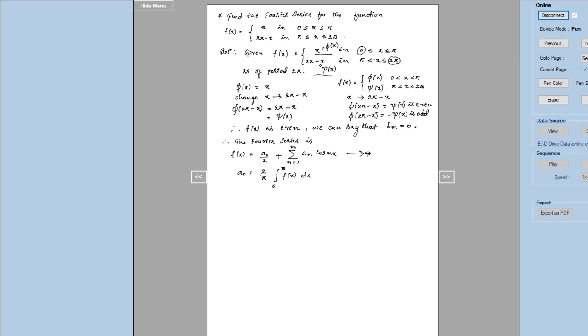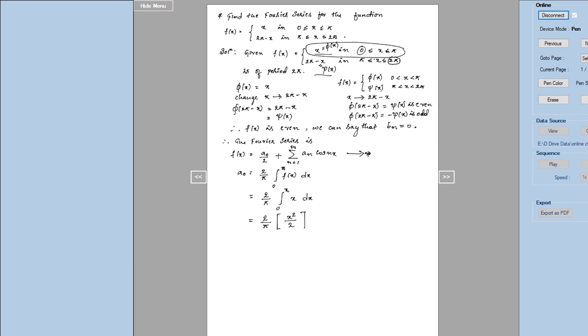In the interval 0 to pi, f of x is defined as x, so a naught equals 2 by pi integral 0 to pi x dx. Now integrating, we know that the integration of x is x square by 2.